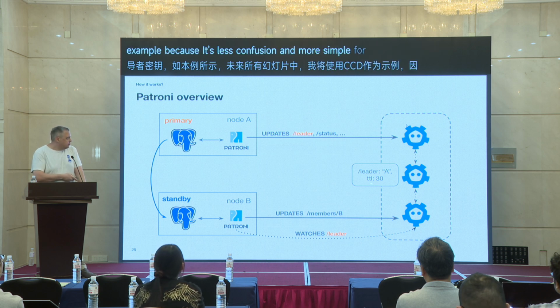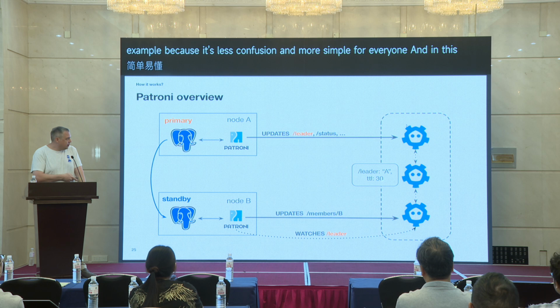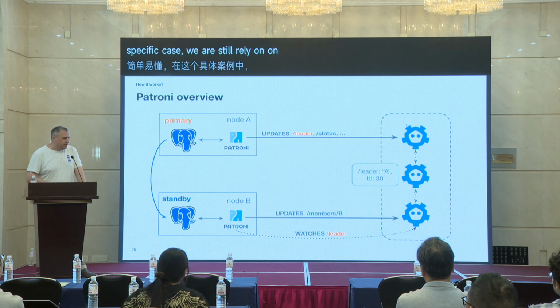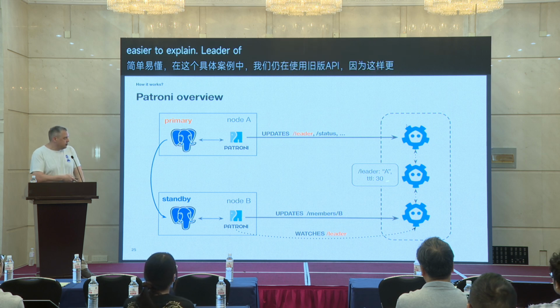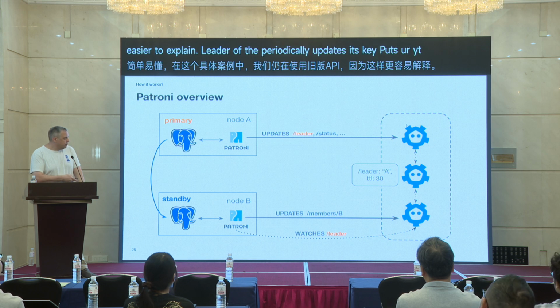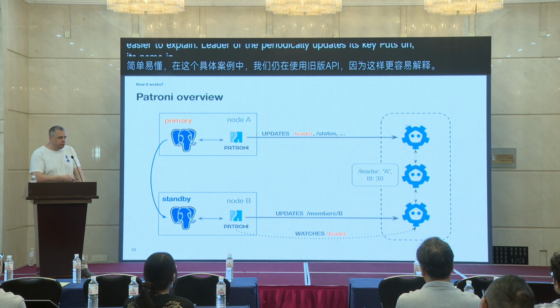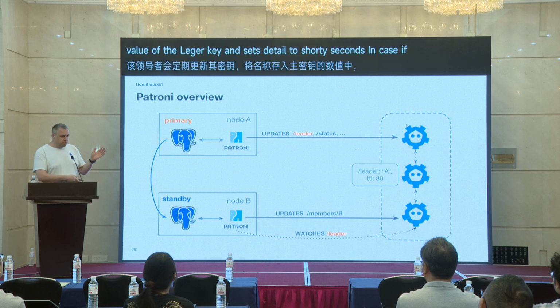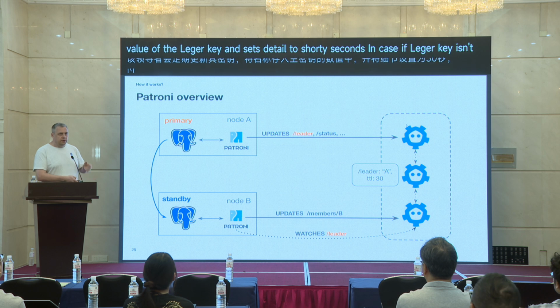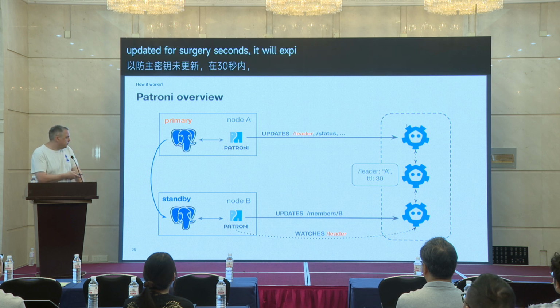And in this specific case we are still relying on the old version 2 API because it's again easier to explain. The leader periodically updates its key, puts its name into the value of the leader key and sets TTL to 30 seconds. If the leader key isn't updated for 30 seconds, it will expire. That's a property that etcd provides.